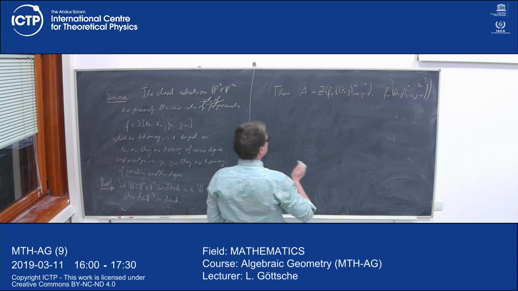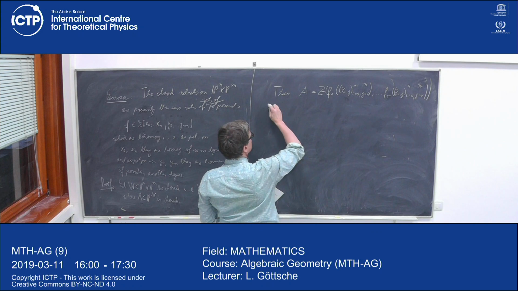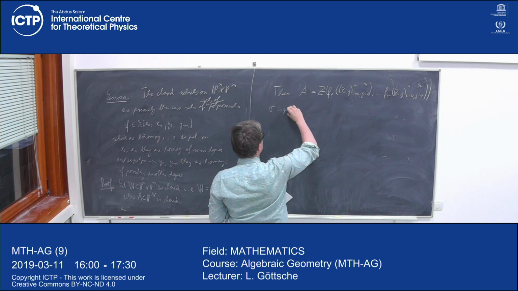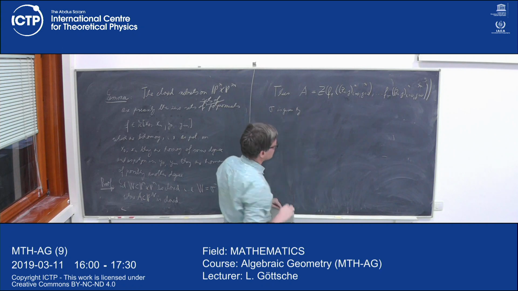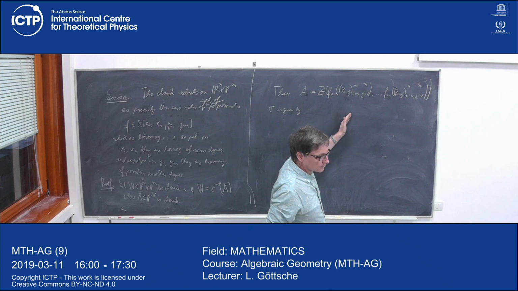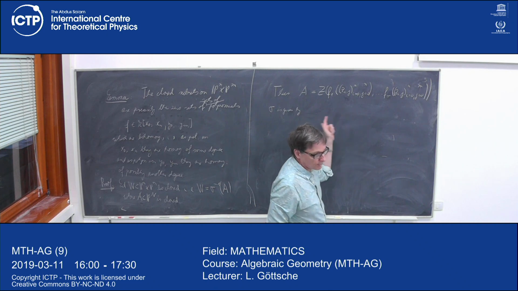Now we know that the map sigma is given by sending x0 to xn, y0 to ym, to the product of all the coordinates.